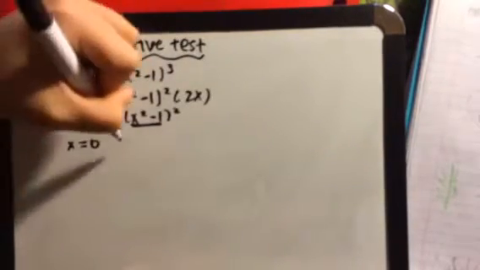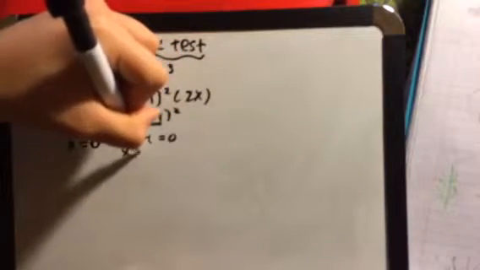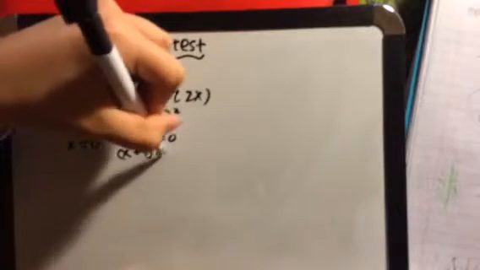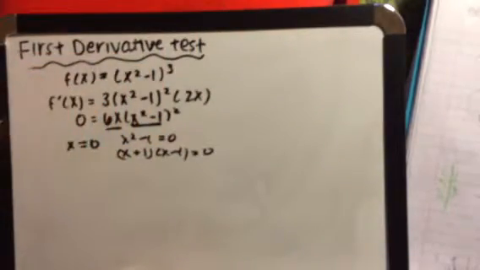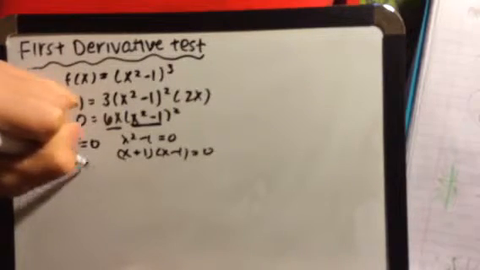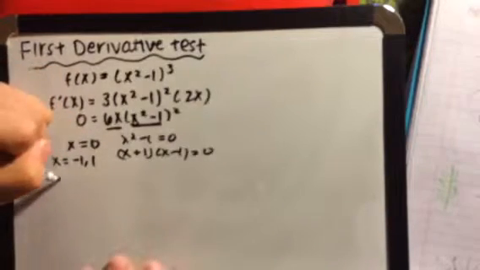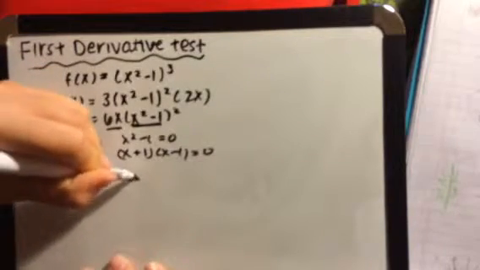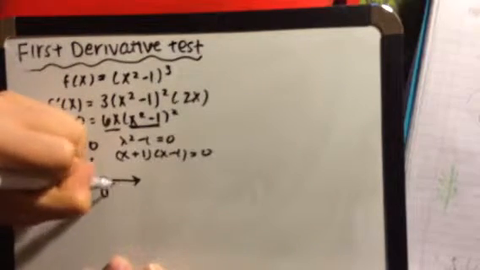So x squared minus 1 equal to 0 is also x plus 1 times x minus 1 is equal to 0. So our critical points are going to be x is equal to 0, x is equal to negative 1, and 1. Now that we have our points, we are going to plug them into a number line. So negative 1, 0, 1.